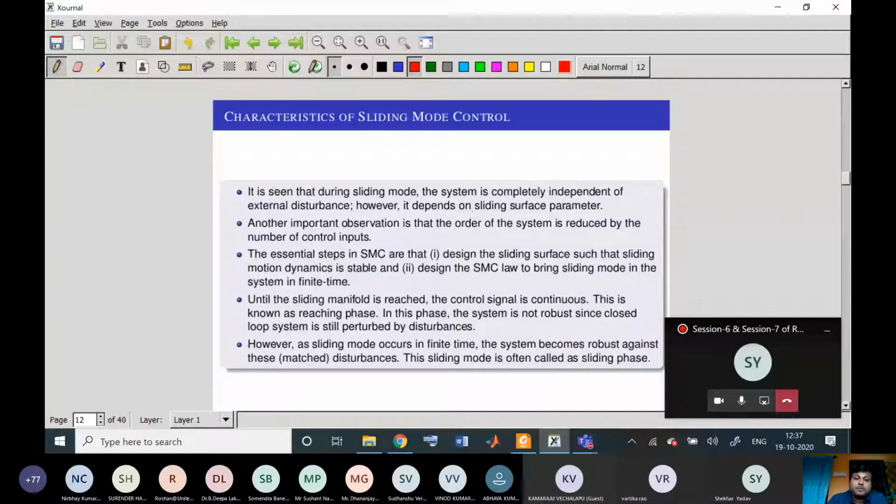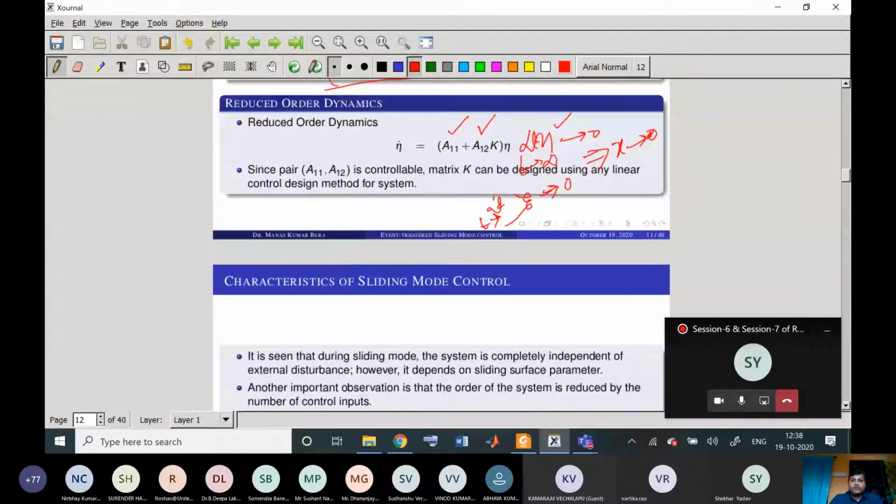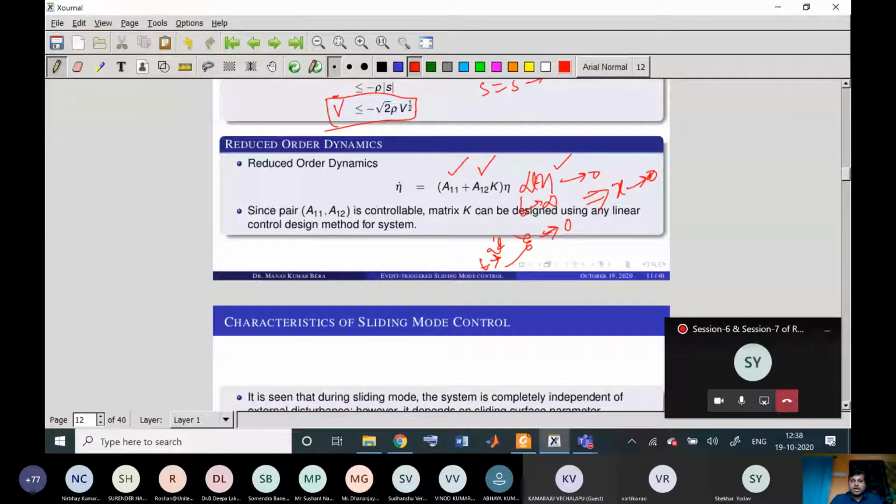Now some of the very important characteristics of the sliding mode control we have to note down. What are those? It is seen that during sliding mode the system is completely independent of external disturbance. However, it depends on the sliding surface parameter. So here you see, whenever we are achieving sliding motion, at that time the reduced order dynamics is completely disturbance free.